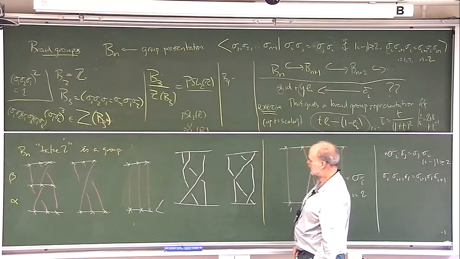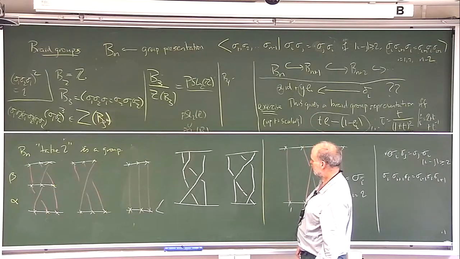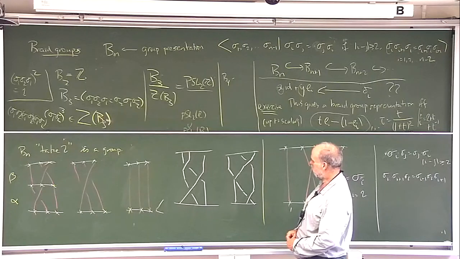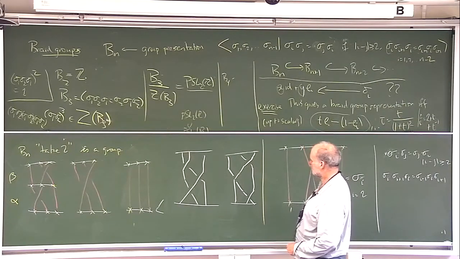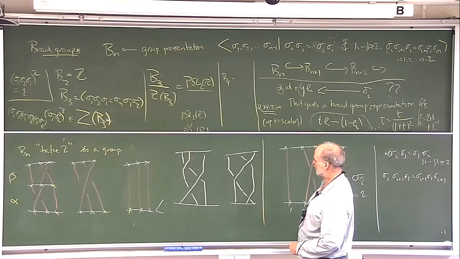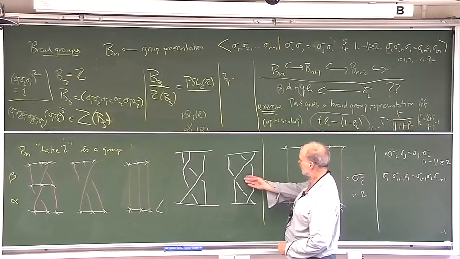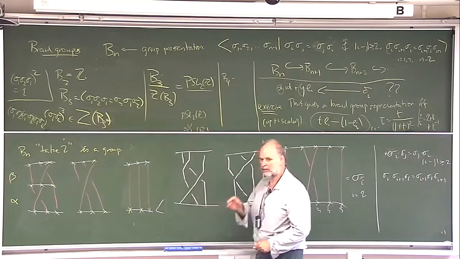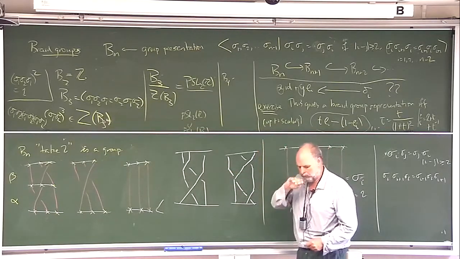And if you look at these 2 pictures, you can see that they actually are isotopic braids. You can pull one in the middle through the center of the other 2, and it converts one to the other.